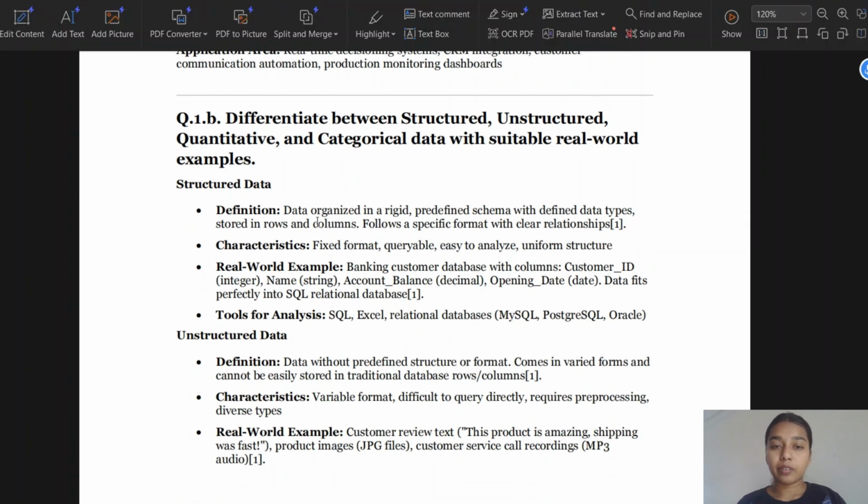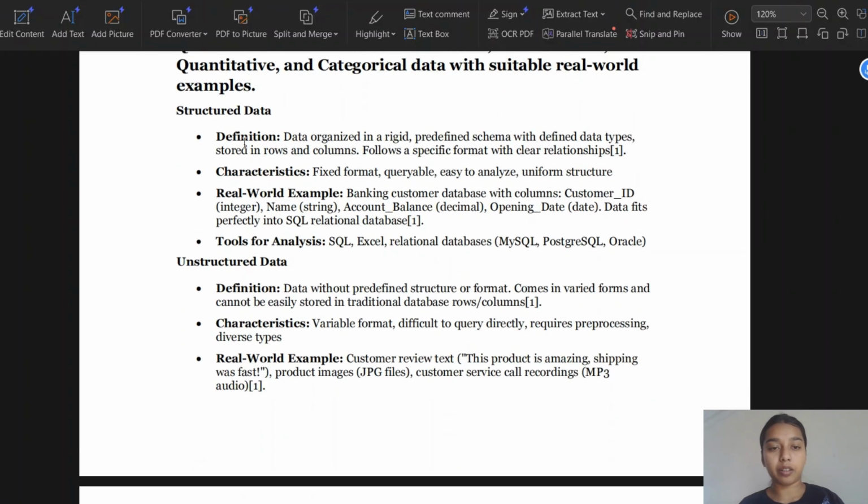Part B of question 1 is: differentiate between structured, unstructured, quantitative, and categorical data with suitable real world examples. First, structured data. Data organized in a rigid, predefined schema with defined data types, stored in rows and columns, is known as structured data. They follow a specific format with clear relationships.